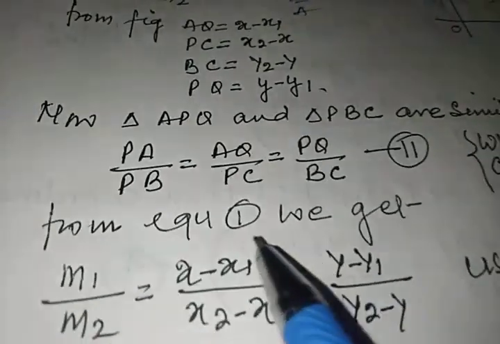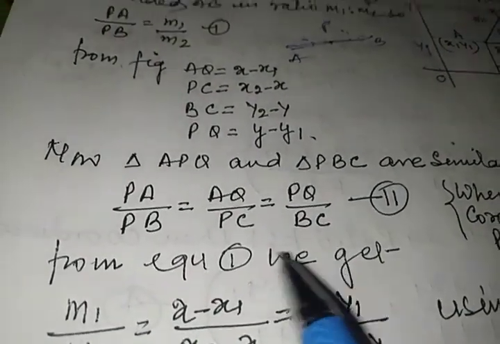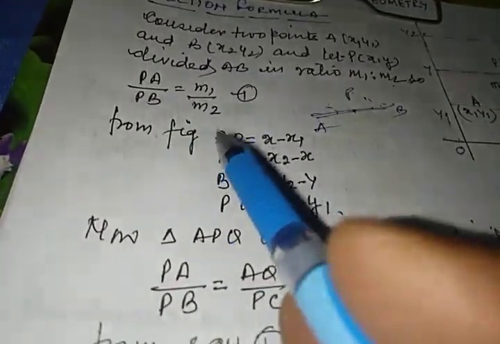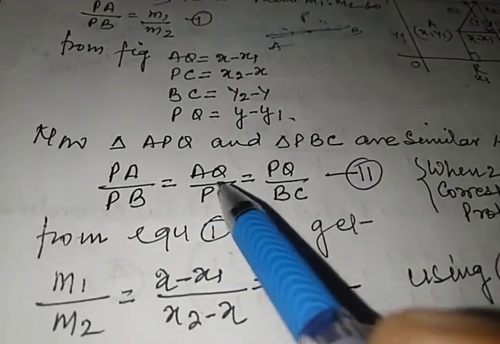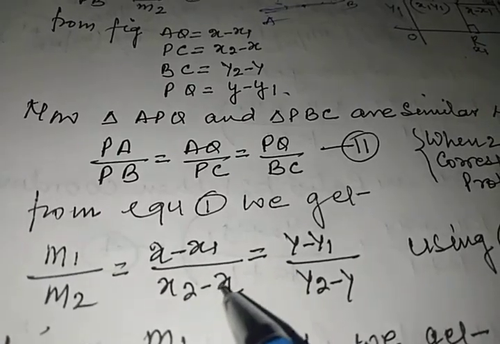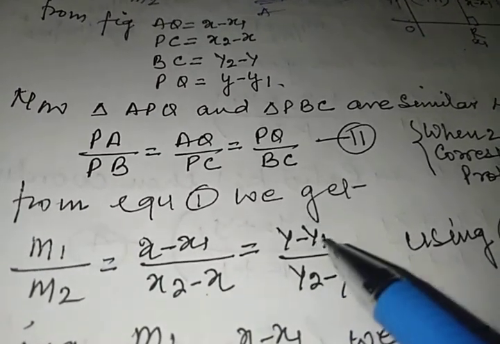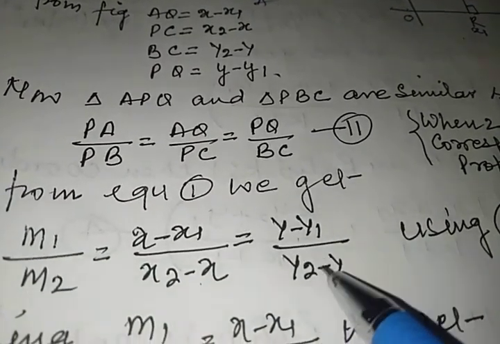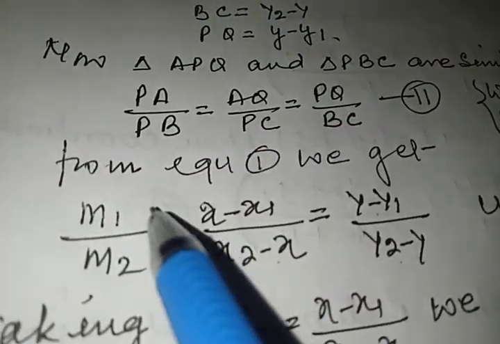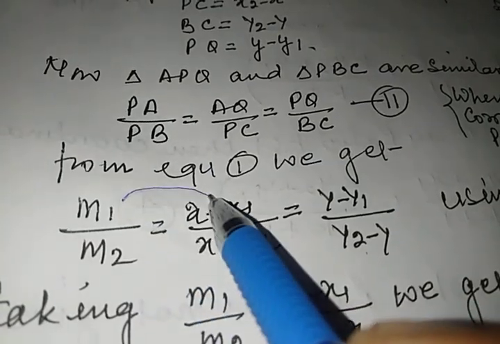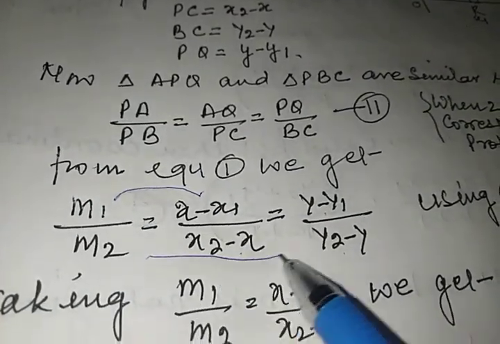From equation 1, PA upon PB is equal to M1 upon M2, so we put M1 upon M2 here. Now AQ is equal to X minus X1 and PC is X2 minus X, and this is Y minus Y1, and BC is Y2 minus Y. If three things are equal, we'll solve pairwise. First we'll solve this pair and then we'll go for this one.